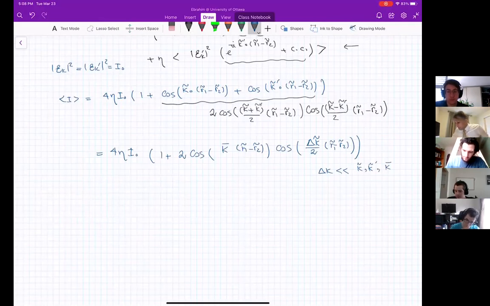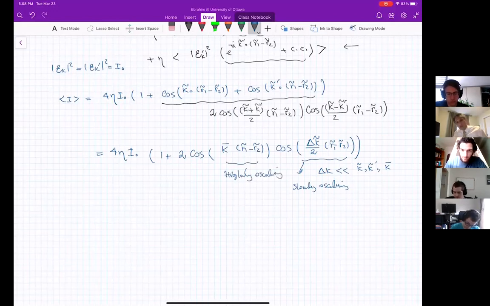True? So this term is slowly oscillating, while this term is highly oscillating. All right? So a small difference between R1 and R2 causes a lot of oscillations in the first term.